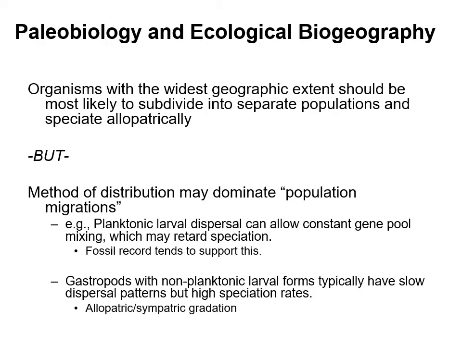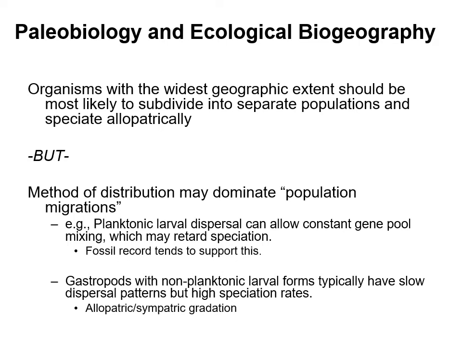Now, we can look at comparisons between paleobiology and ecological biogeography. The basic idea here is that organisms that have a very wide geographic extent and spread should be the ones most likely to subdivide into separate populations and then speciate, what we call allopatrically.